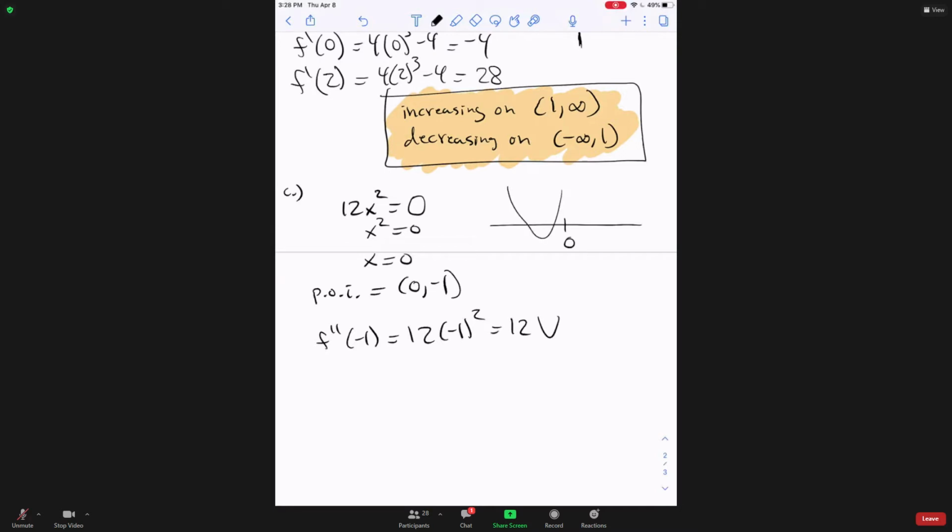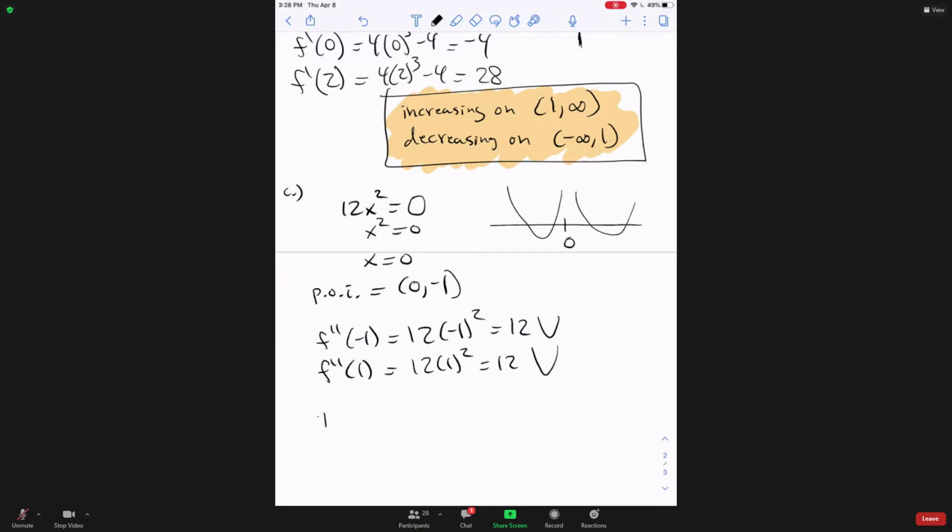Now let's plug in a value to the right of 0. Positive 1. You'll notice you also get positive. Again, concave up. So it's concave up to the left and to the right of 0. So it never switched concavity. Therefore, the point at x equals 0 is not a point of inflection.